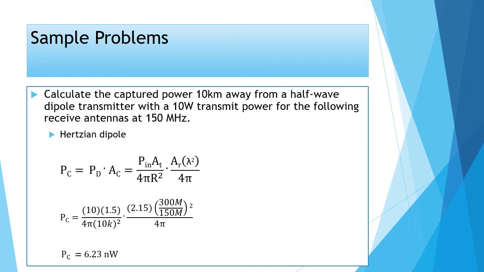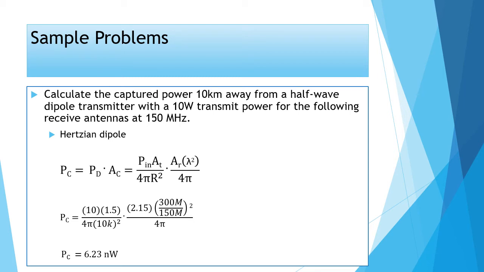So to solve for that, let's write down the formula. The captured power is equal to the power density at that point times the effective capture area of the receiving antenna. So for the power density, we have the formula input power times the gain of the transmitting antenna divided by 4 pi r squared, wherein r is the distance from the transmitting antenna.